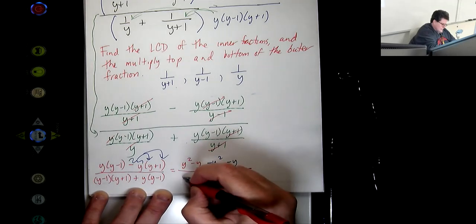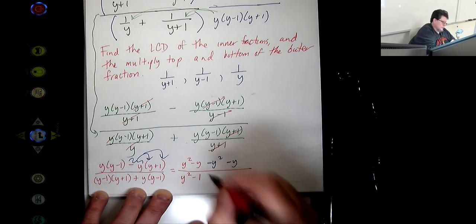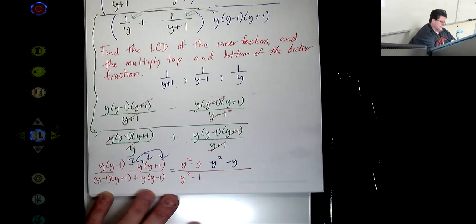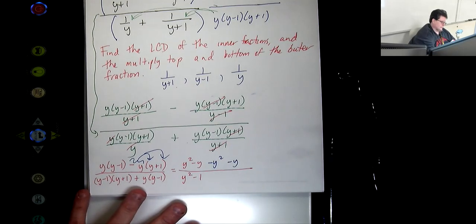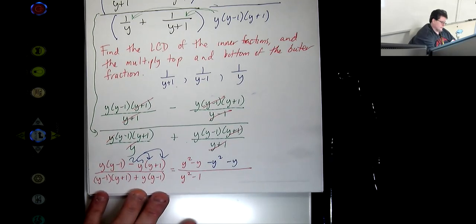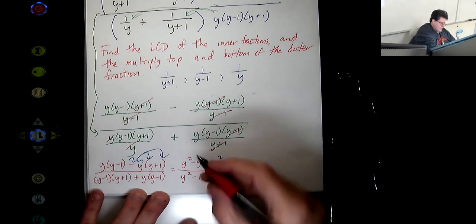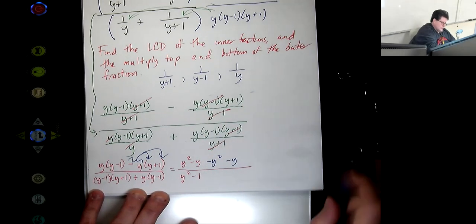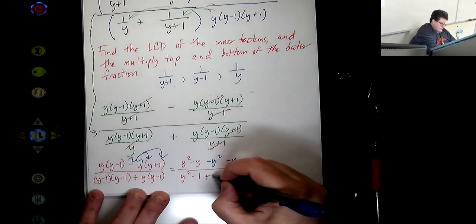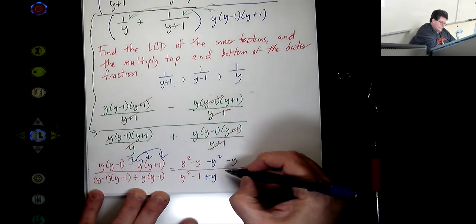The lower left is the difference of squares, that's y squared minus 1. The lower right is plus y squared minus y.